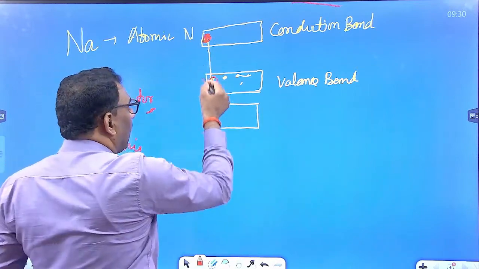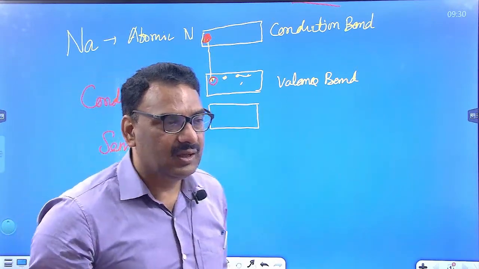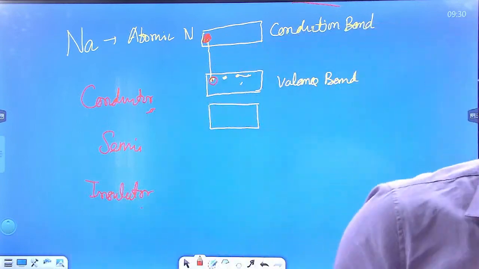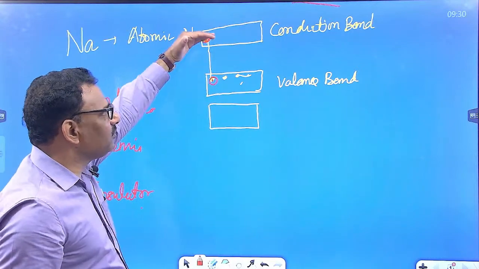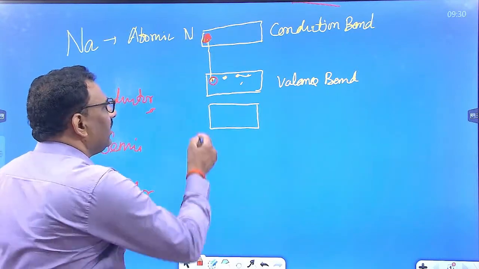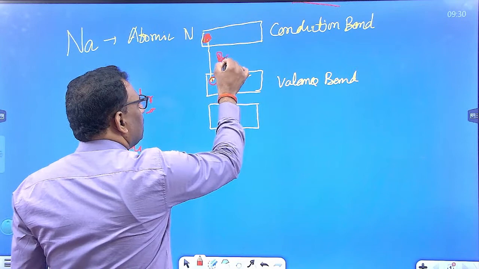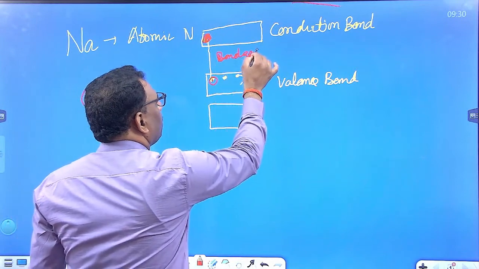So how much energy is required to move an electron from this valence band to the conduction band depends upon the band gap. This is your band gap.